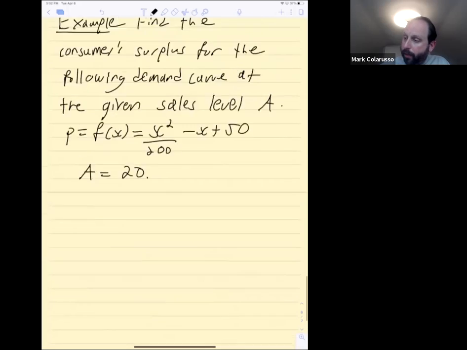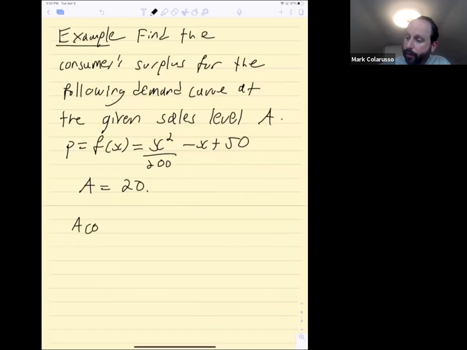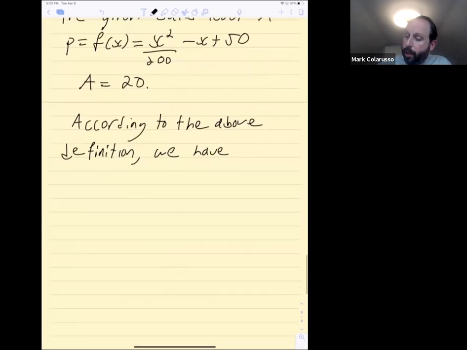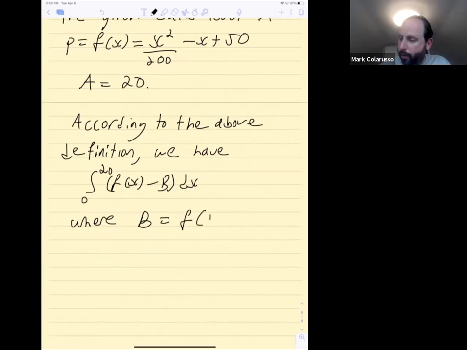Okay, so let's do this. According to the above definition, we have the following. The surplus is the integral from 0 to 20 of f of x minus b dx, where b is the price when you're selling 20 items.